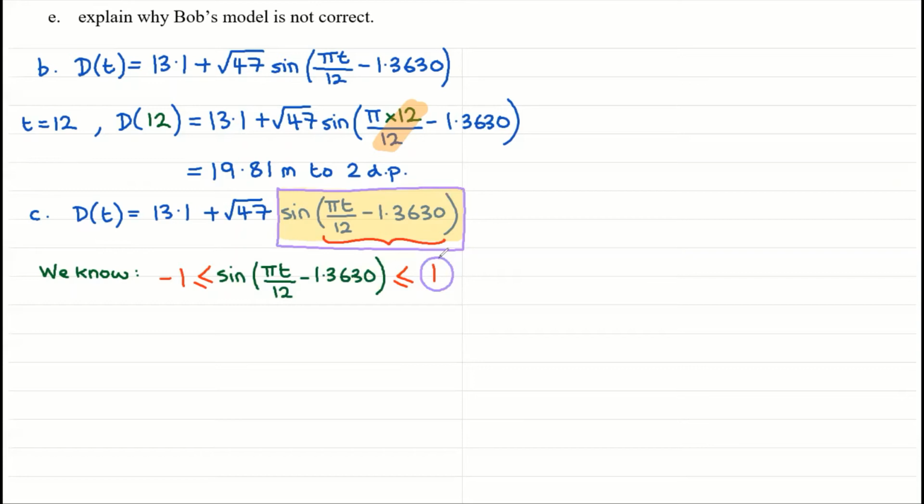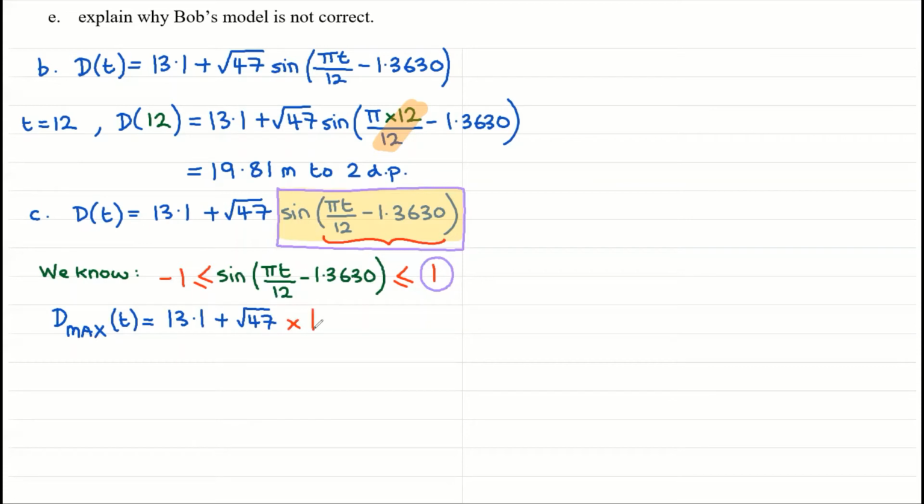So I can say very clearly, with confidence, that the maximum value of the depth, so we'll call it d max, of t is just going to equal 13.1 plus root 47 multiplied by 1.